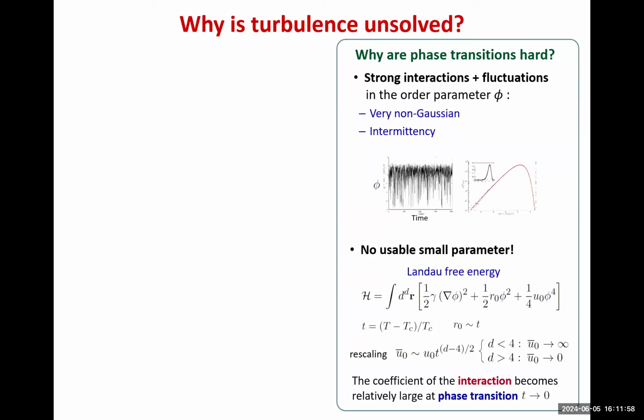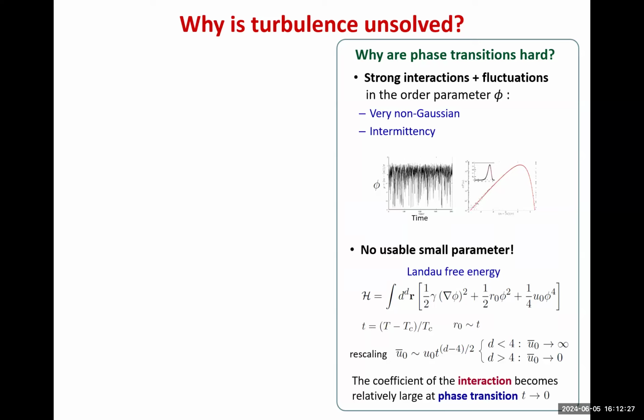We did this last quarter. Here's Landau theory. If I rescale the theory, and we did that in class, you weren't here, but we did it, then what it turns out to be is that you can rescale it, so this thing becomes 1, this thing becomes 1, and this thing becomes a quantity called U0 bar, and it behaves like little t to the power (d minus 4) over 2.